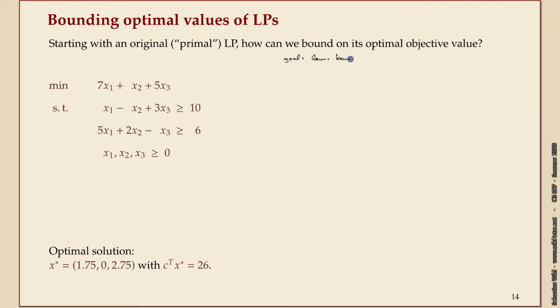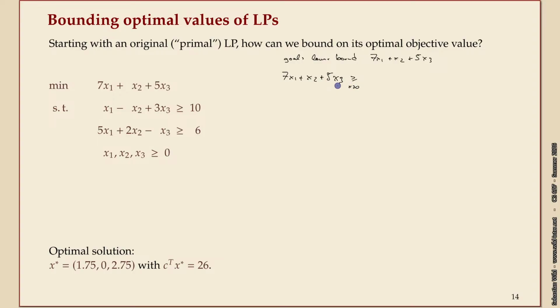So we want a lower bound for 7x1 plus x2 plus 5x3, but of course subject to the constraints. Otherwise, it wouldn't be a solution. One option is to take this objective function and, because the x's are non-negative, make some of the coefficients smaller.